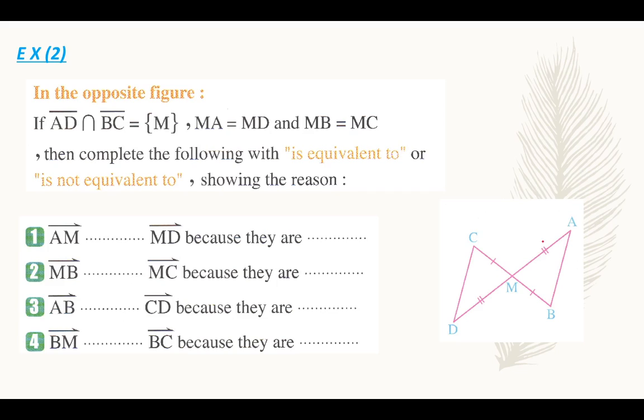AM and MD. The directed line segment AM is in this direction, and MD is in this direction. So AM equals MD, or we can say the directed line segment AM is equivalent to the directed line segment MD, because they are equal in magnitude, having the same length, the same norm.